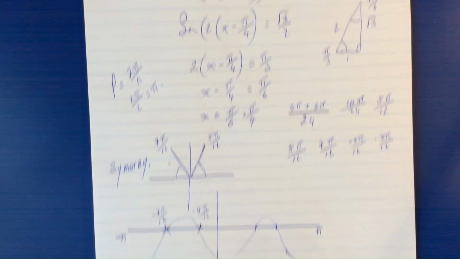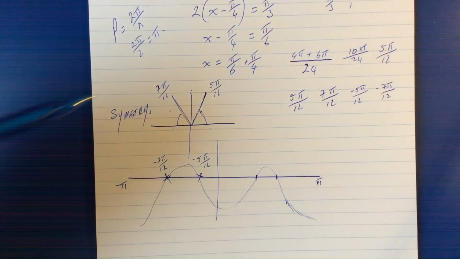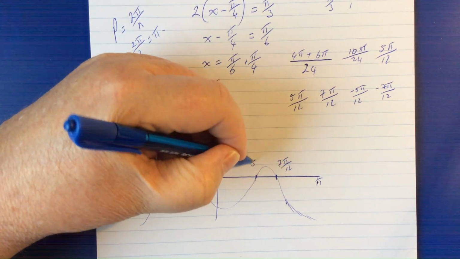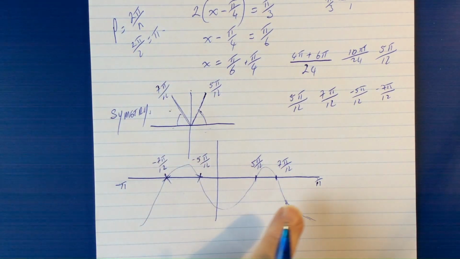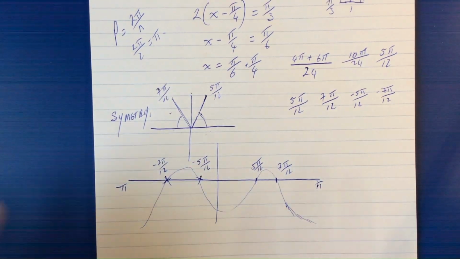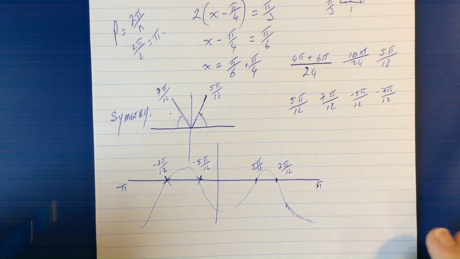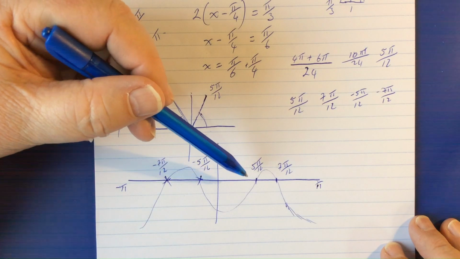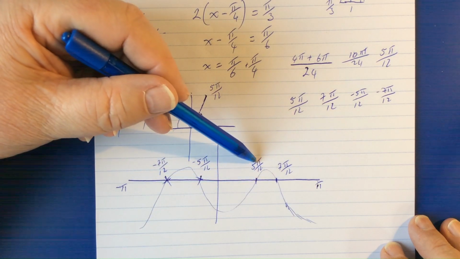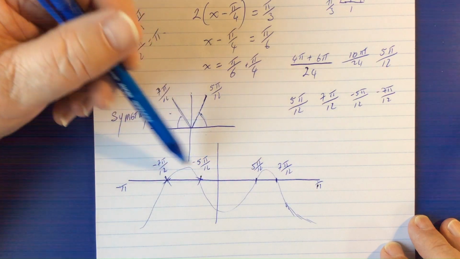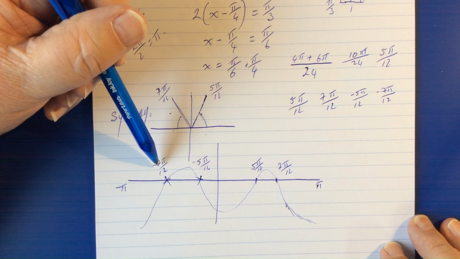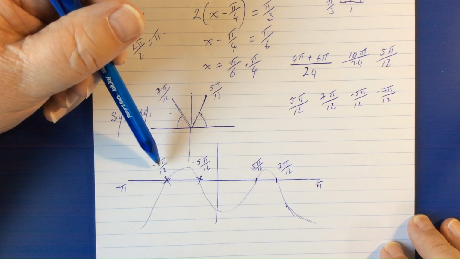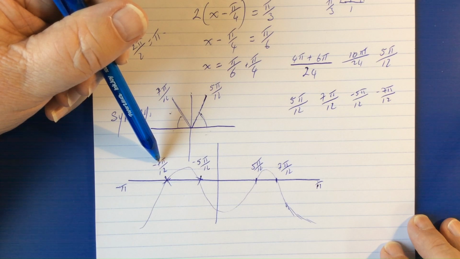Now if we come down here, I'll just explain this business of symmetry. So if this is 7 pi on 12 and this is 5 pi on 12, and we've got some sort of symmetric graph, which we do because it's a sine graph, and we know that the period is pi, if we subtract pi from this, 5 pi on 12, we get all the way back to here, negative 7 pi on 12.